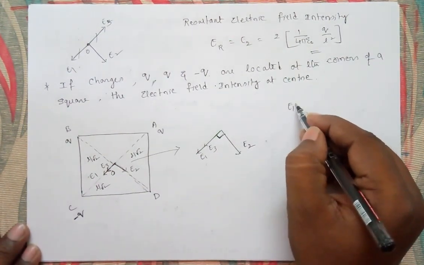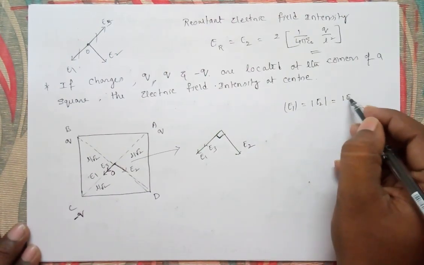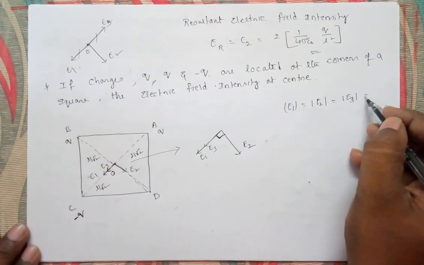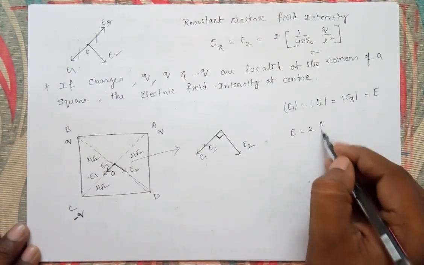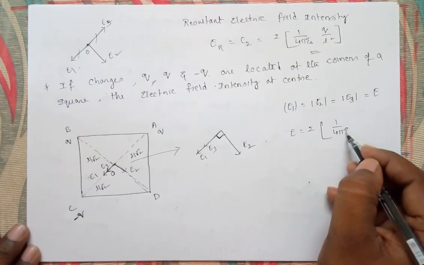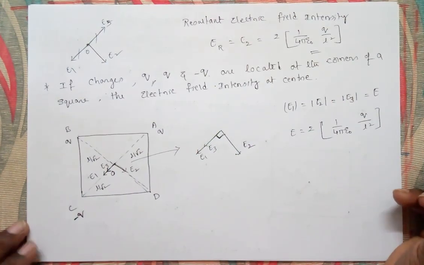Already we calculated that E1 and E3 are the same in magnitude. So E1, E2 and E3 have the same magnitude E, where E equals 2 into 1 upon 4 pi epsilon naught Q by L square.